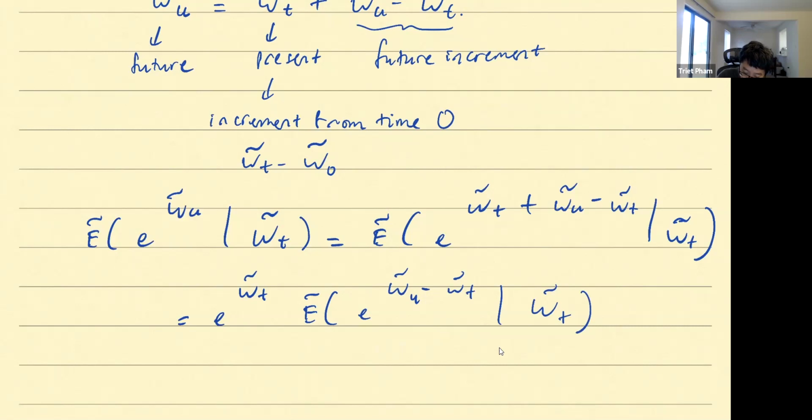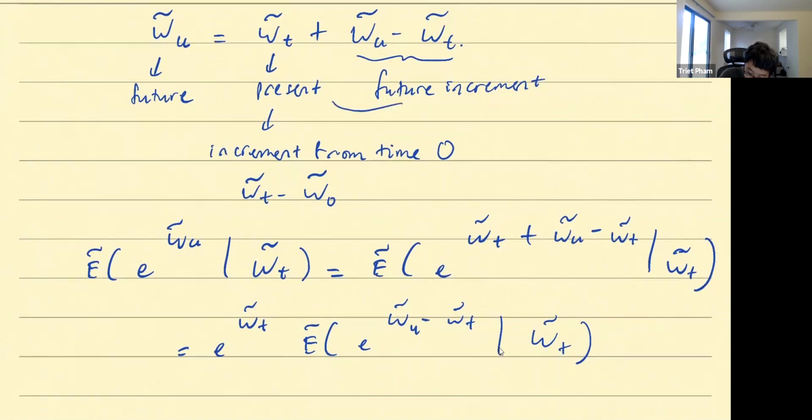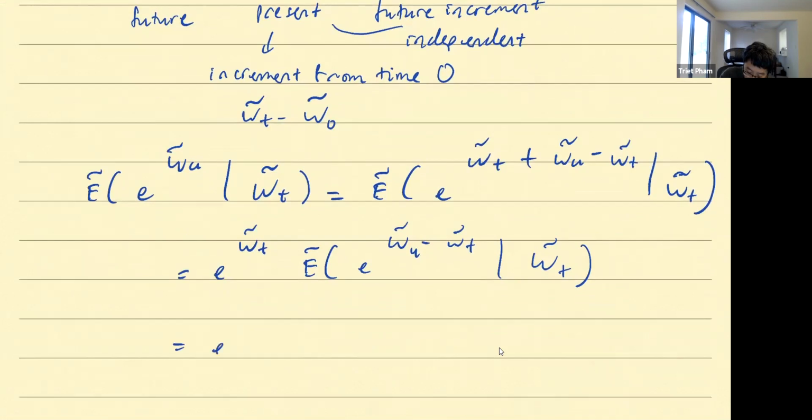Now, this is independent of this. That's where I use the independence. They're independent, therefore you don't need the conditioning. Conditioning is equivalent to no conditioning.